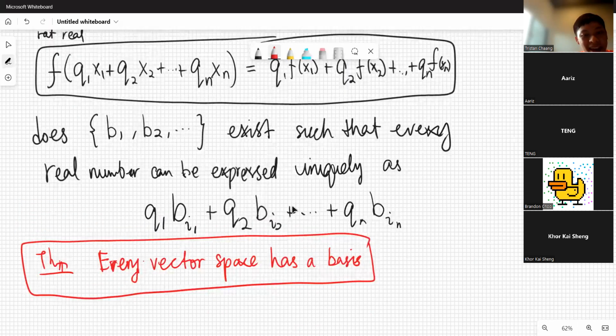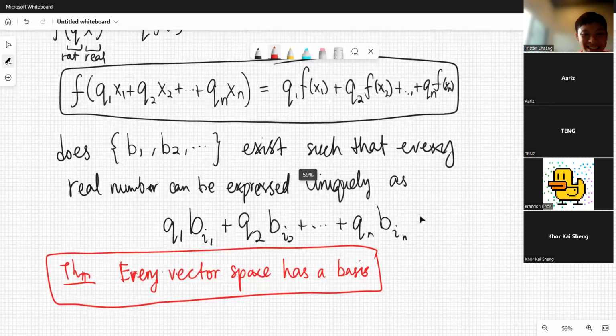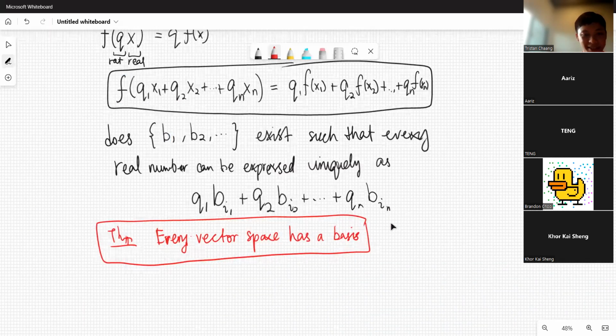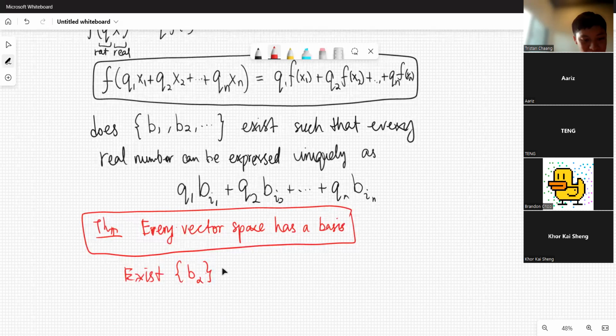That means there exists some set B_alpha. So I'm not going to write B1, B2, B3 again because it's uncountable apparently for real numbers.